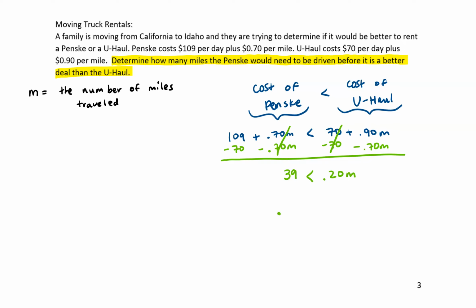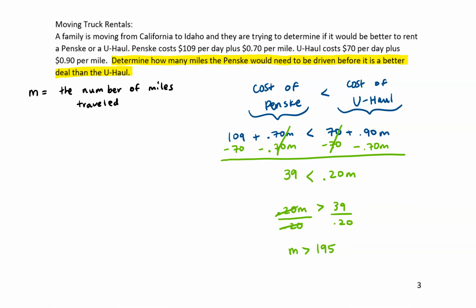So I'm going to put 0.20m is greater than 39. And then I want to divide both sides by 0.20. And if I do that, we get m is greater than 39 divided by 0.20, which is 195.